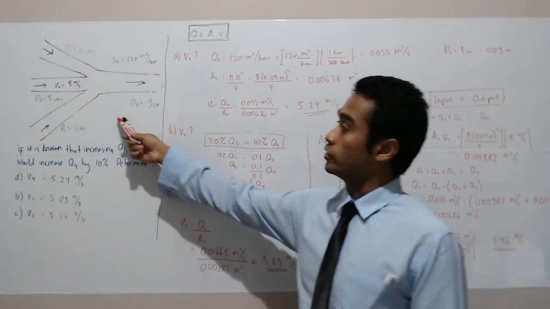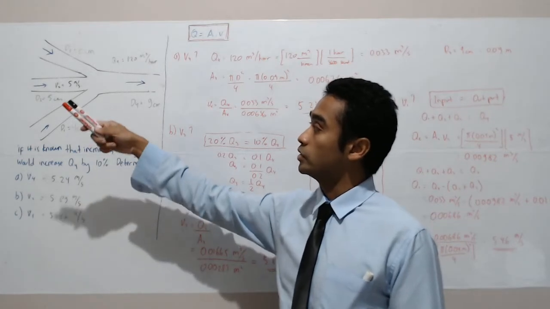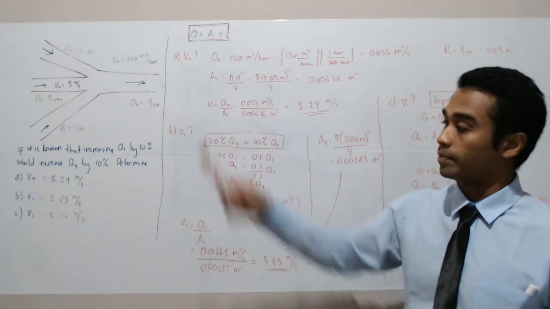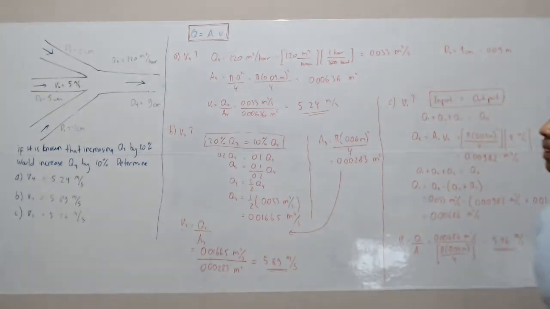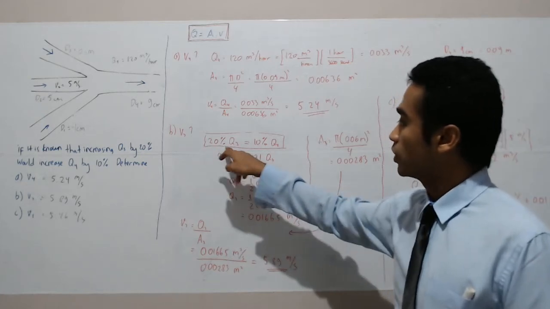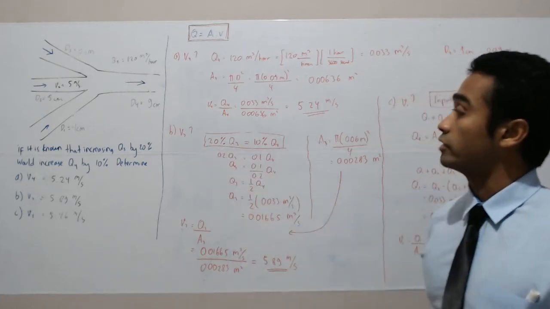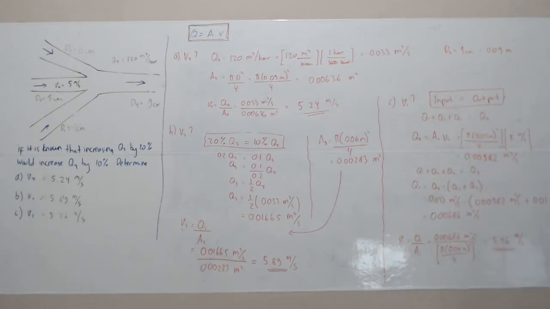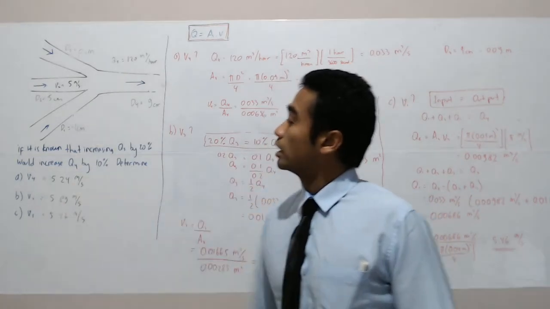So you first have to analyze the system. You have to know how many input pipes and how many output pipes there are, so you can make changes like the statement here, like 20% Q3 equal to 10% Q4, and use the volumetric flow rate to get the extra information.